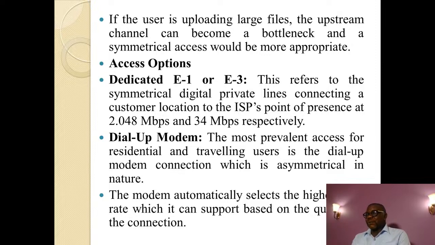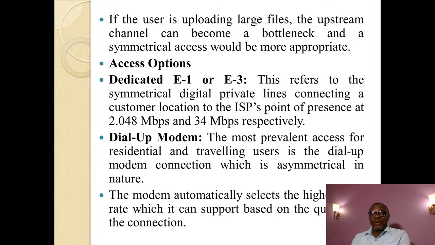That is why when you are using the internet on your phone, you can from time to time see changes to H, G, or other indicators showing you different rates. But the access options available for use include what is known as the dedicated E1 or E3 option.